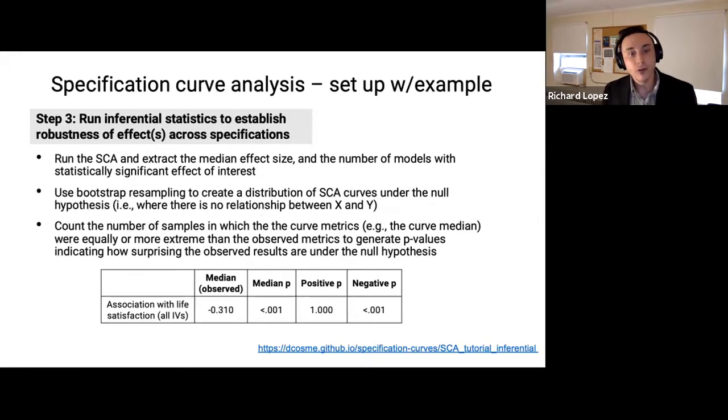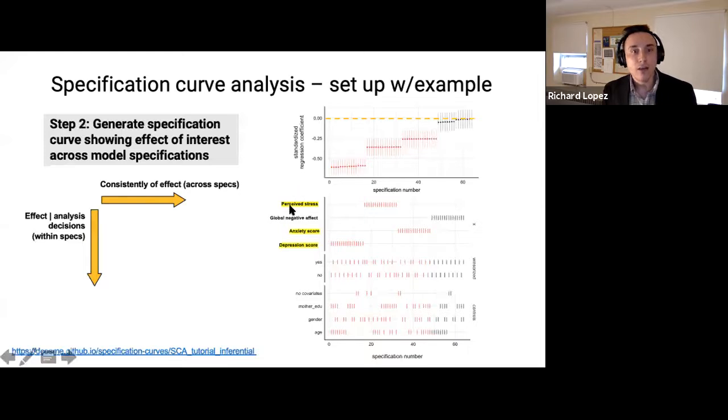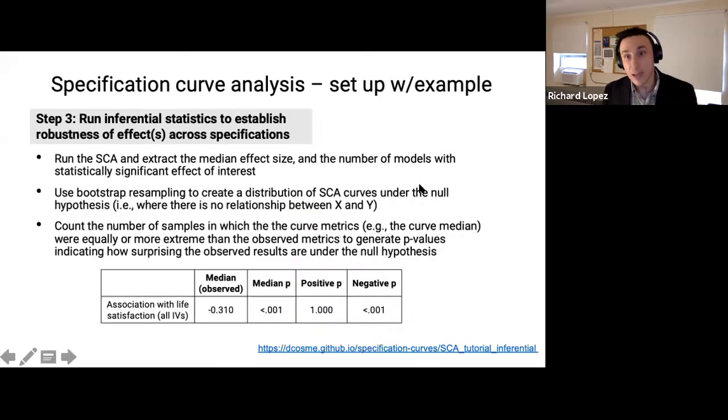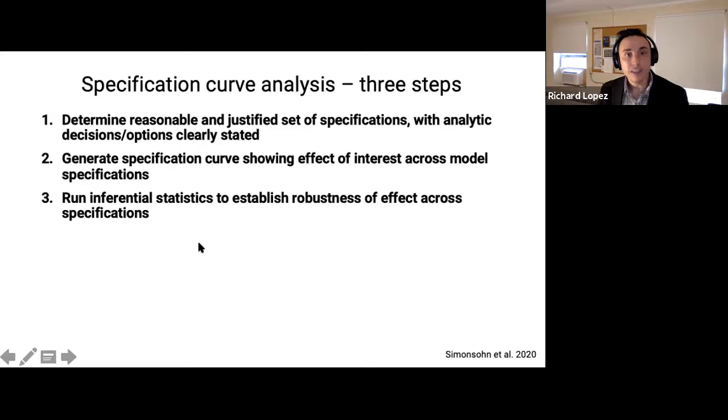So you can conclude or infer that these independent variables are indeed reliable predictors of life satisfaction. This is just a toy example, like a tutorial example, but going back a second, all of these steps would be the same regardless of your particular analysis scenario in terms of the data you'd be working with.